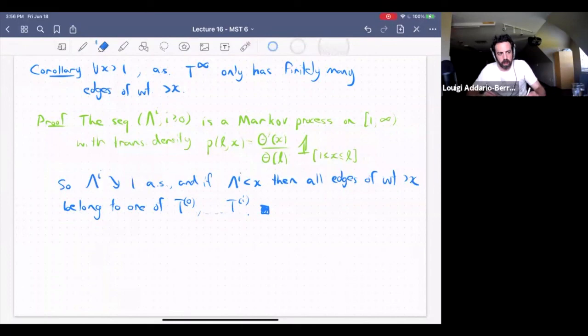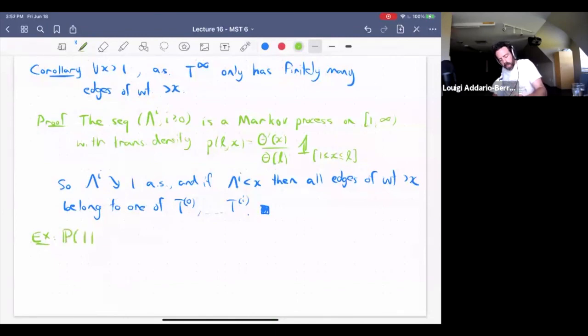So the exercises I'd like to leave you with now. You can describe not only the sequence of edge weights, but also the sizes of the trees quite explicitly.